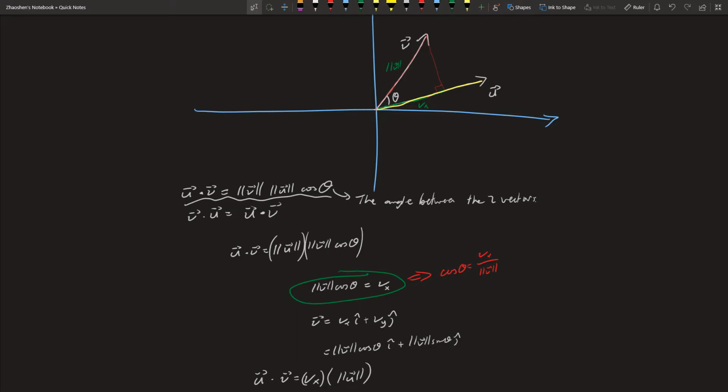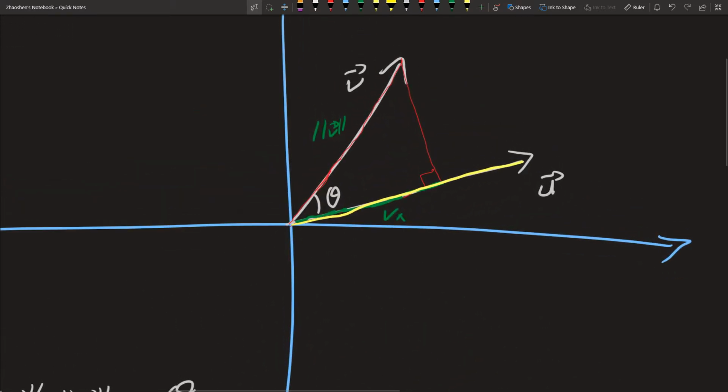You can basically take a vector v, this vector, then you project this vector onto vector u. Now, what do I mean by that? I will drop a perpendicular, meaning I'll draw a segment from the tip of v, draw a line such that it's perpendicular to vector u, right?